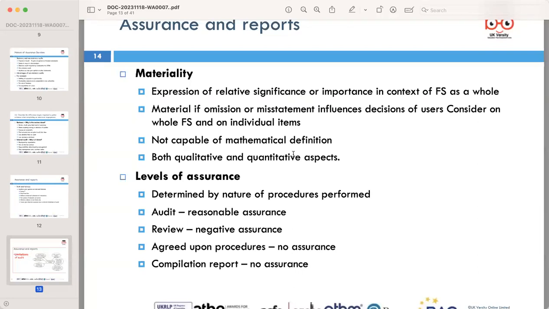Instead, we consider both the quantity of information and its overall importance. On the other hand, when we talk about levels of assurance, we have different levels depending on the kind of work we are doing. Audit: reasonable assurance. Think of an audit like a thorough investigation. When we conduct an audit, we give reasonable assurance that the financial statements are reliable.